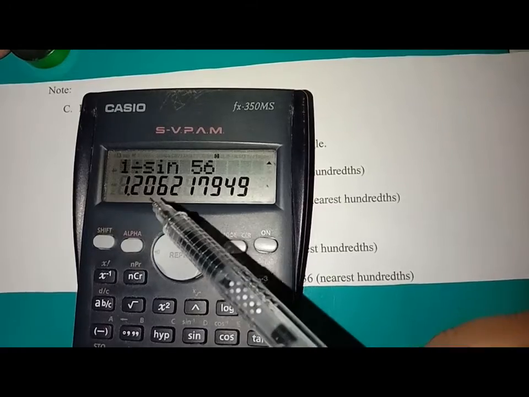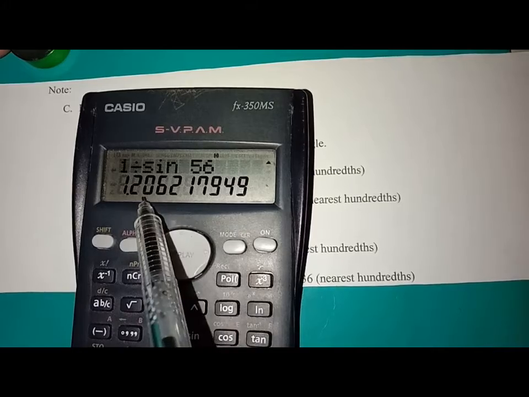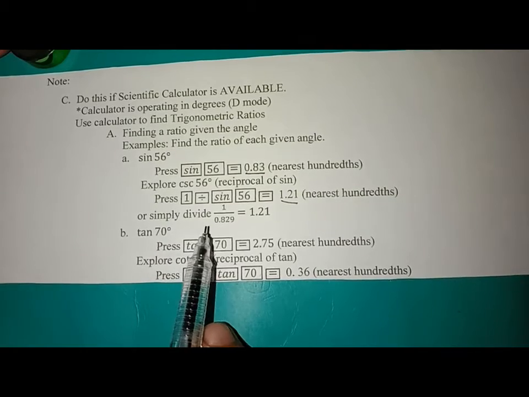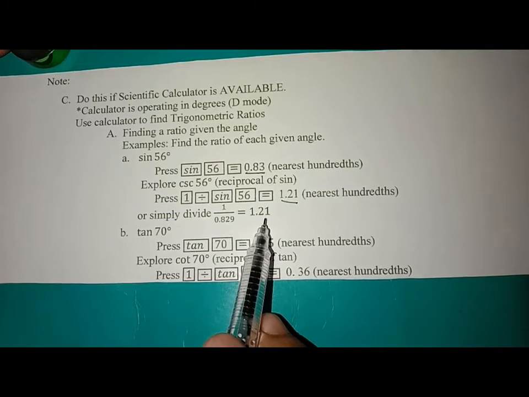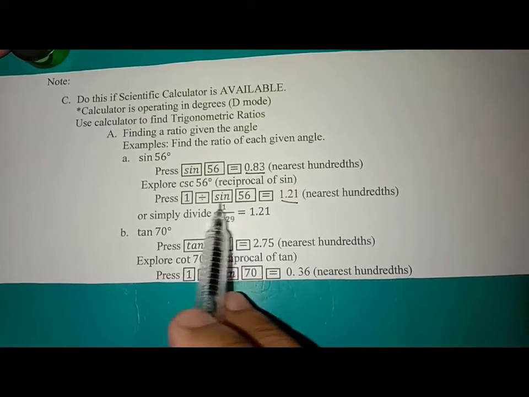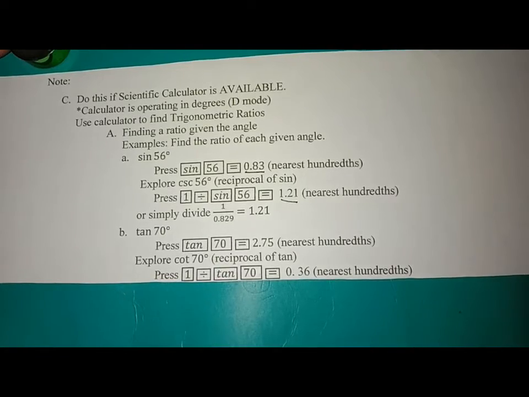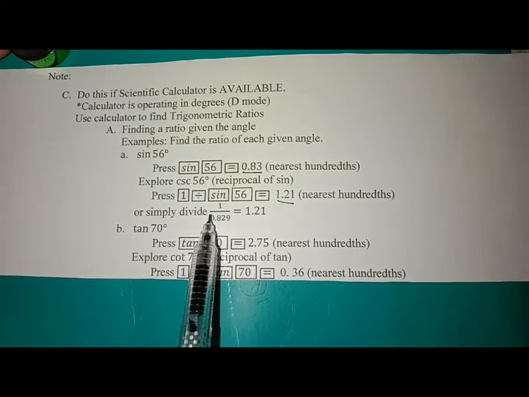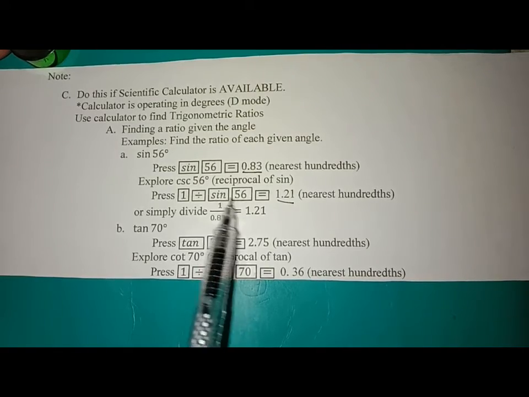Since you're going to express this to the nearest hundredths, the hundredths place is 6, the next digit is 2, so... Or, you can simply divide 1 over 0.829 equals 1.21. That 0.829 comes from sine of 56 degrees. It's the same answer either way. It's either you press 1 divided by sine 56 or 1 divided by 0.829. Again, the 0.829 comes from the sine 56.